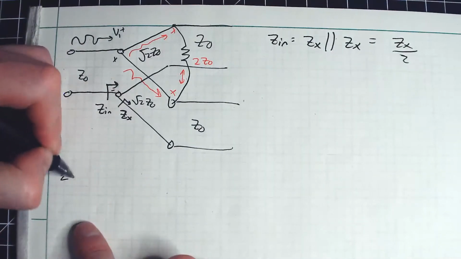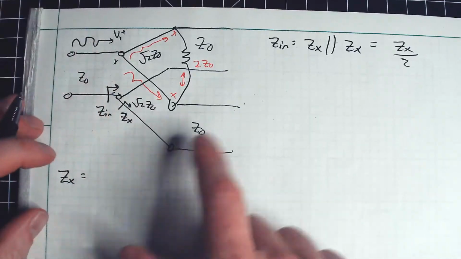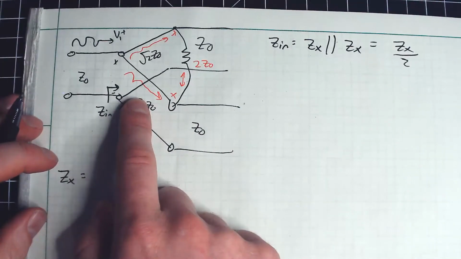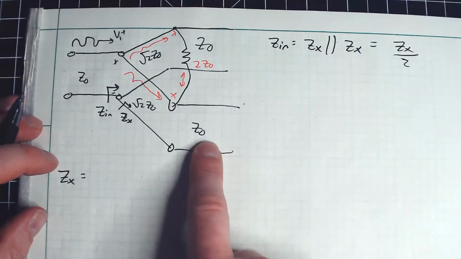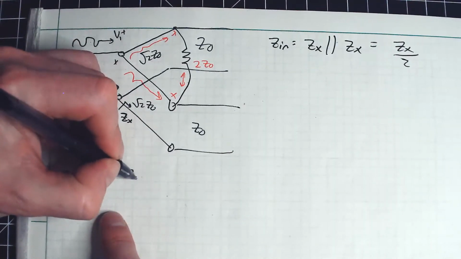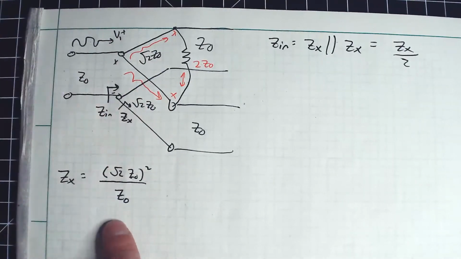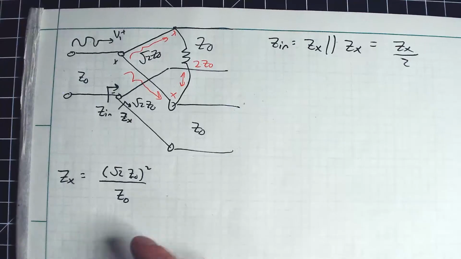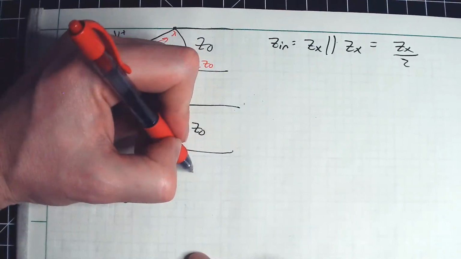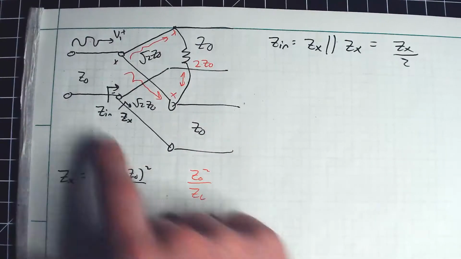So my Zx is going to be, remember, the characteristic impedance squared divided by the load, right? So I'm going to get root 2 Z naught squared divided by Z naught there. In other words, the more generic expression is Z naught squared over ZL. So that's for a quarter wavelength.